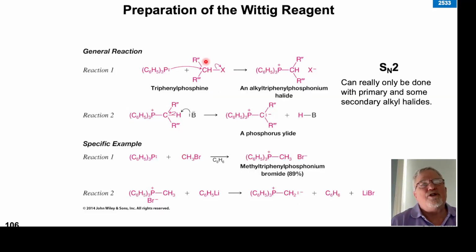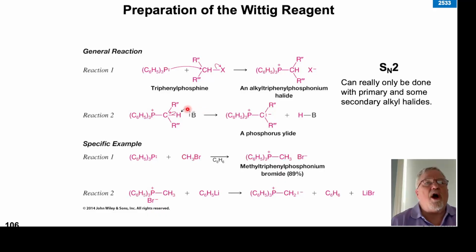We typically don't use secondary alkyl halides because elimination is typically favored, but we can get a high enough yield so that we can make this compound. We usually will use a primary alkyl halide if we can, if it works. We only use a secondary alkyl halide if we have to. We can get these positively charged phosphonium halides.